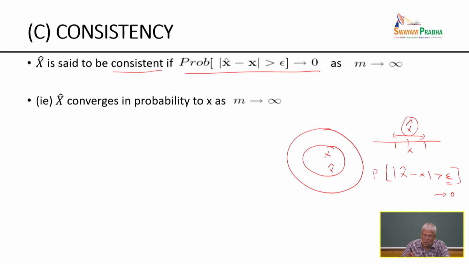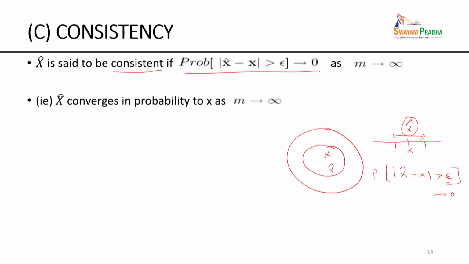We have already shown in the case of coin tossing, the variance of p hat coming out of m tosses is pq by m. As m goes to infinity, that pq over m goes to 0. As pq over m goes to 0, the spread becomes smaller and smaller.